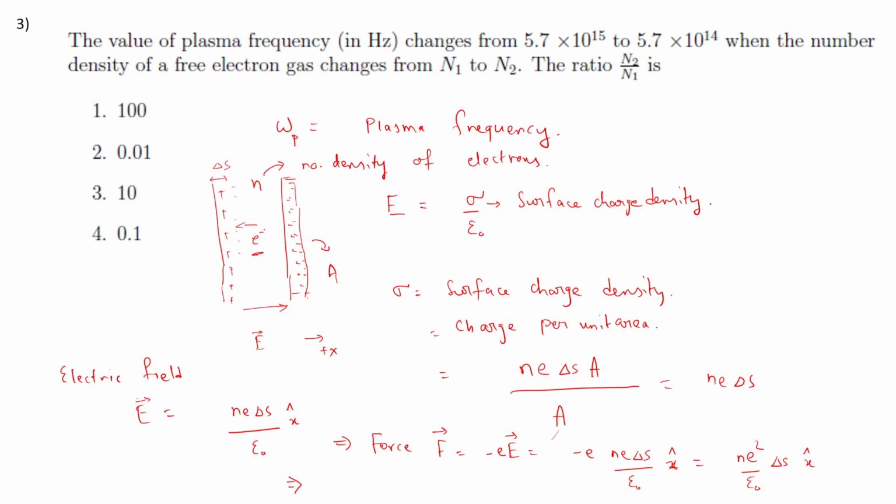The bulk of all these electrons are moving due to this electric field. So it will be the mass of the electron, and the force will be mass times acceleration. Acceleration will be given by d2 delta S over dt square.